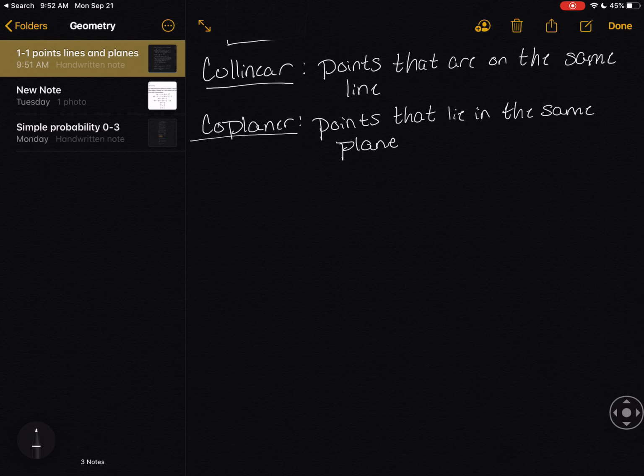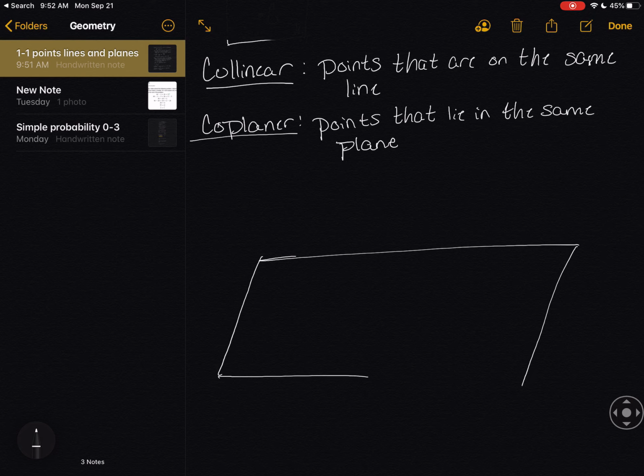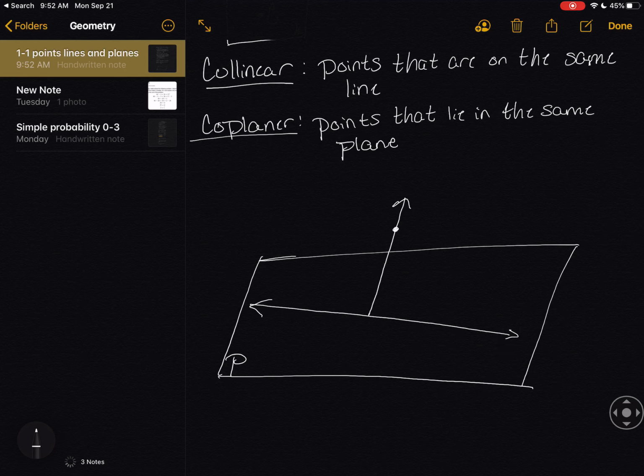So if I give you a plane, I'm going to draw a plane here. Again, it can be pretty much any shape. It's just a flat surface. And I'm going to draw a picture. So label it P. I'm going to put a dot there, and draw a little dotted line here.